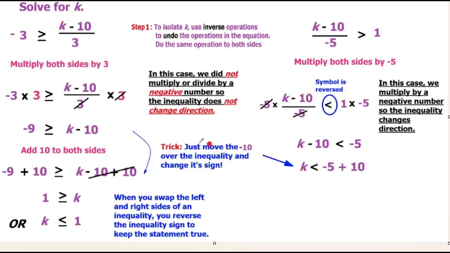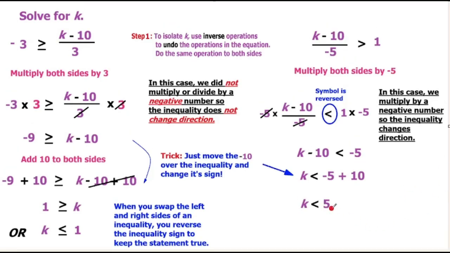Okay, so we'll use this little trick on this side. So because we're going to move the negative 10 over, it becomes positive 10. So we have k is less than minus 5 plus 10. So the final answer for this one is k is less than 5.